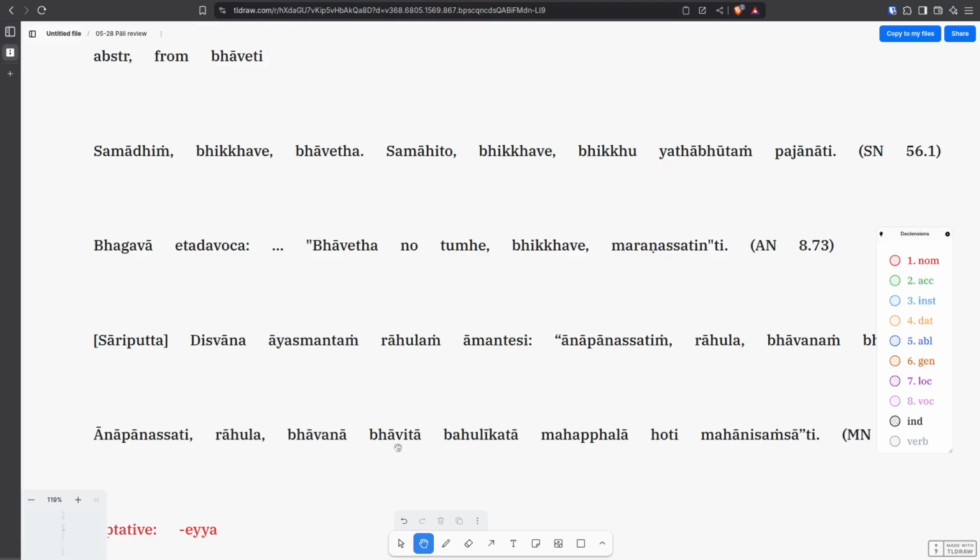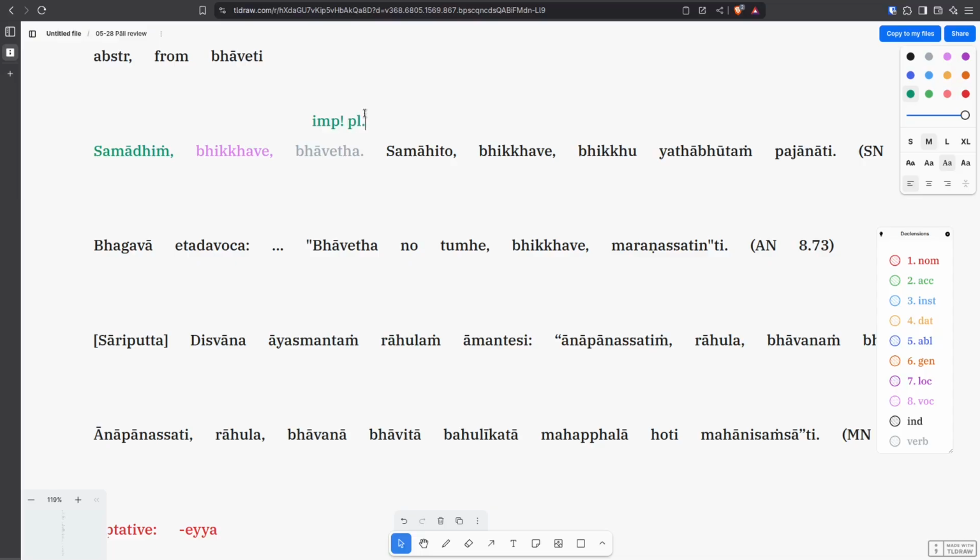Samadhing bhikkhave bhavetha, samahito bhikkhave bhikkhu yathabhutam pajanati. So bhikkhus, develop, cultivate concentration. Bhavetha is the imperative in plural, right?